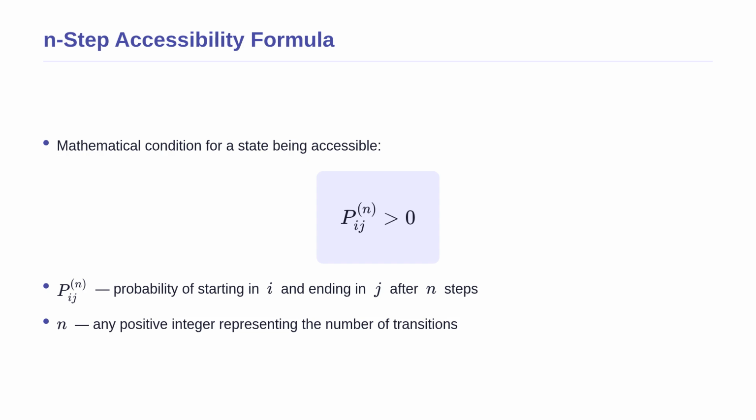It is crucial to note that the superscript n is not an exponent. It is just a label telling us how many transitions have occurred. If this n-step probability is greater than 0 for any positive integer n, it means there is a real non-zero chance of making this journey. If we find even a single number of steps that makes this true, the destination state is mathematically accessible.